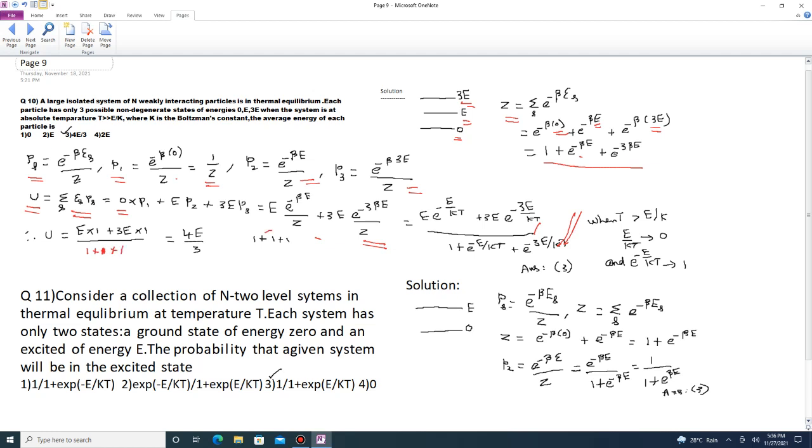So it is 4E by 3. This is your correct option: 4E divided by 3 is the correct value.